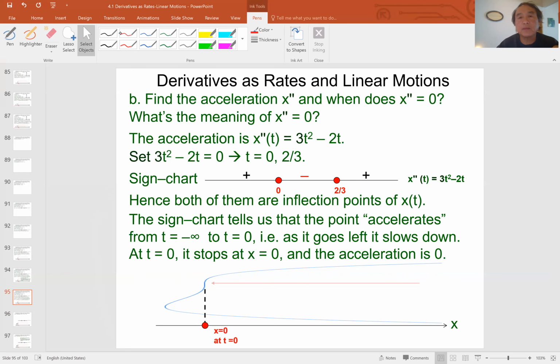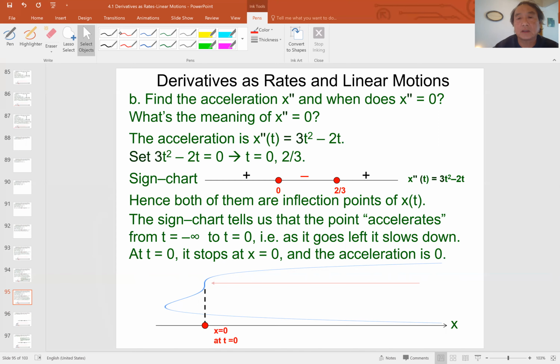But second derivative positive does not mean the object is speeding up. The second derivative being positive means the object is being pulled to the right-hand side.